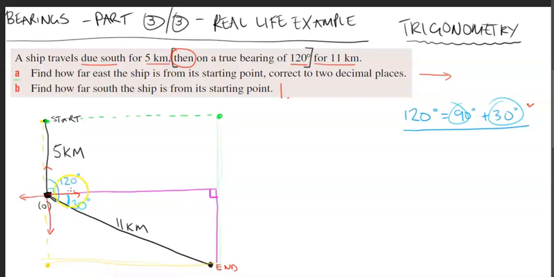Hold on a second. We have a degree, we have a side length. This is where that trigonometry comes from. Could be sine, cos, or tan, we don't know yet. We'll look into that later. But for now, this triangle will help us out with at least question A. How far east has the ship gone from its starting point? Well, we know that from here to here is the length we're looking for.